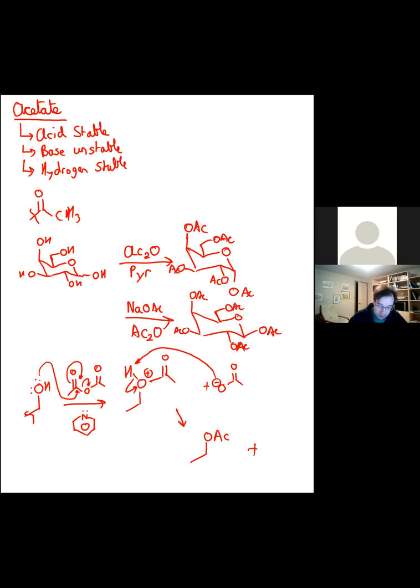The pyridine, of course, is going to end up with it because acetic acid is going to react with pyridine to grab the proton and generate acetate.